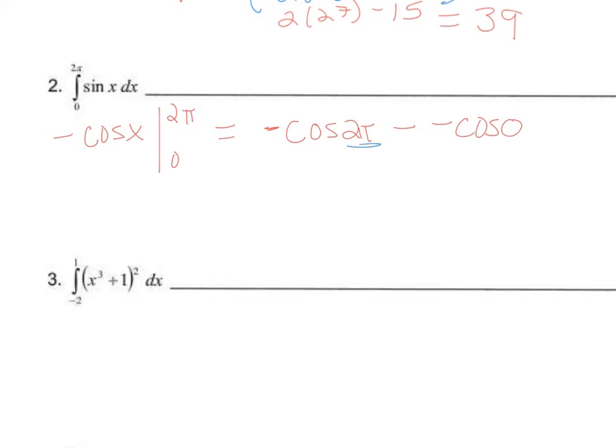And because it's 2 pi, if you're going to evaluate that with your calculator, make sure you're in radian mode. So cosine of 2 pi is 1, but I have to bring down that negative coefficient. Minus a negative is plus, and then cosine of 0 is 1. So negative 1 plus 1 is 0 as an answer.